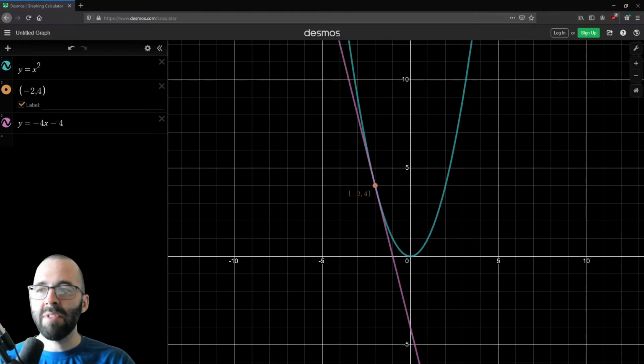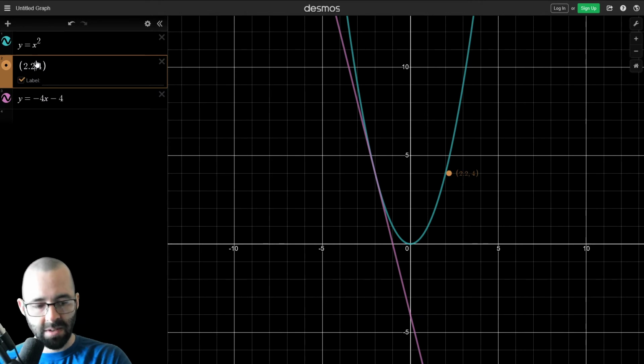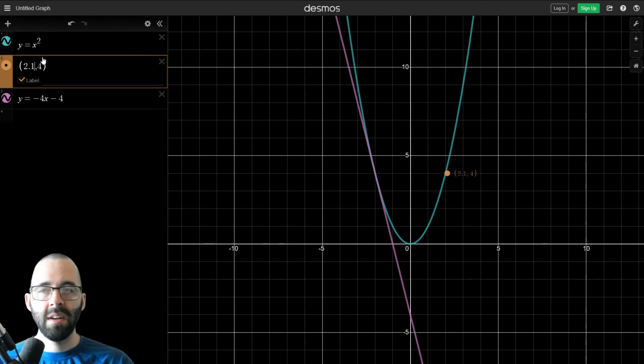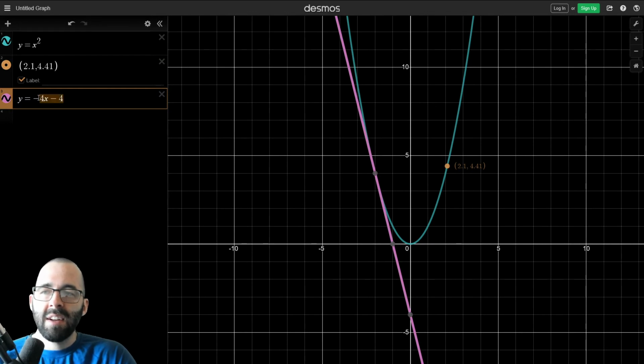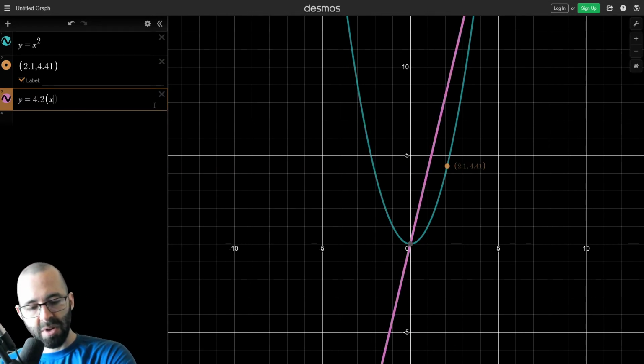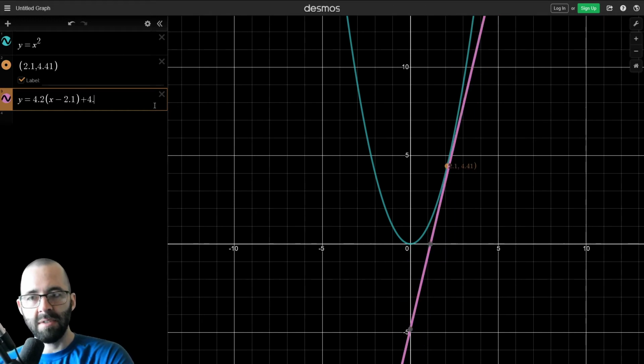So again, it's the same function, but now it's at the point when x is 2.1. And when x is 2.1, we said y should have been 4.41. And yeah, it looks like that's on the graph, sure. And we said our tangent line, I'm not going to simplify the whole way, was 4.2 times x minus 2.1, and then it was also plus 4.41.